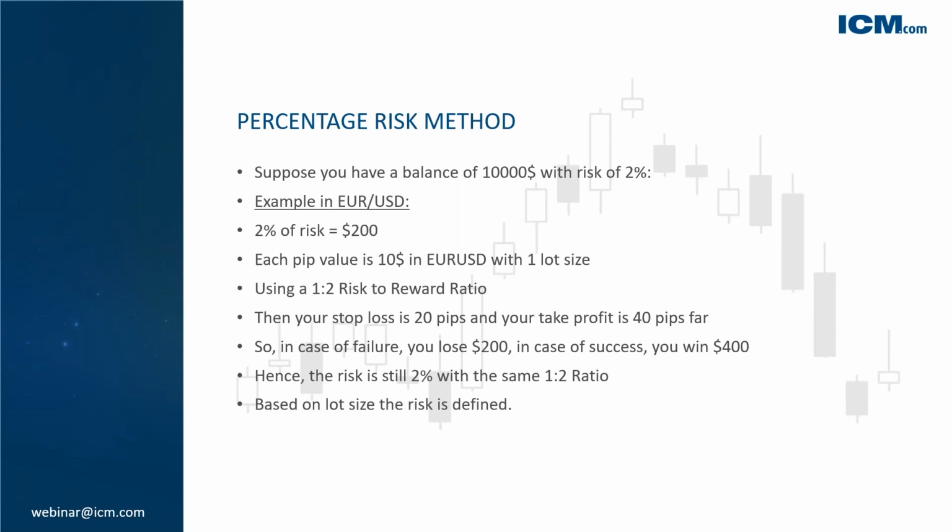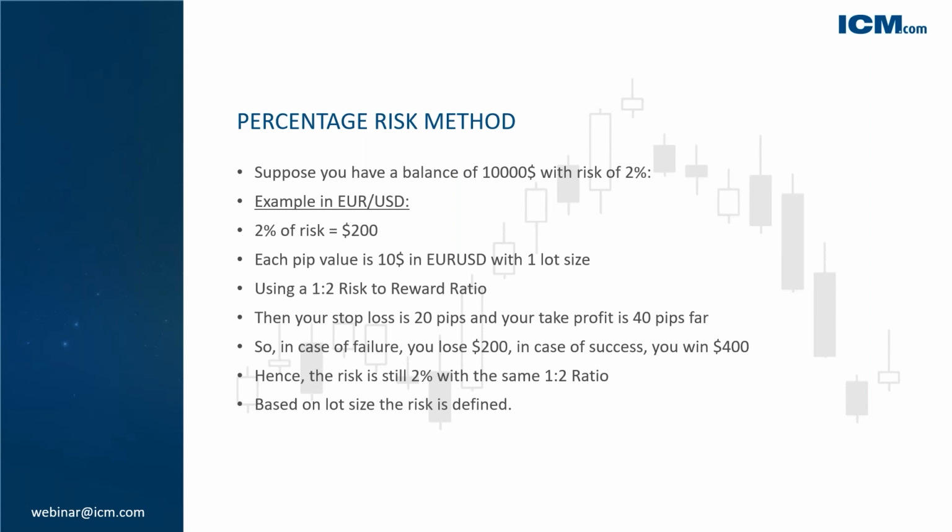When I use a 1:2 risk-reward ratio, as I said, the 1:2 ratio and 2% percentage risk are almost the same. We calculate percentage-wise, and there you calculate ratio-wise. If you keep your stop loss at 20 pips and you want to take a profit of 40, that is a 1:2 ratio.